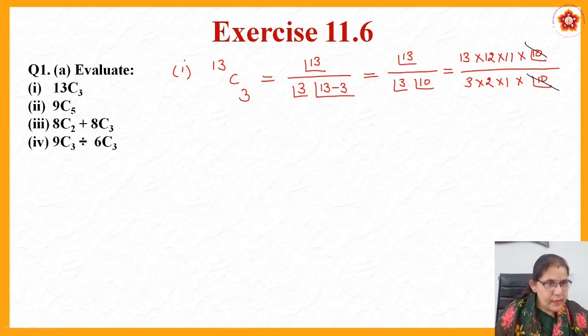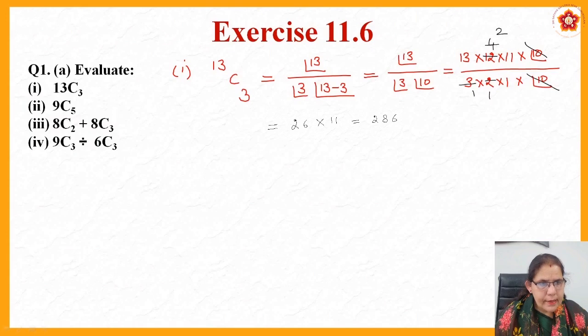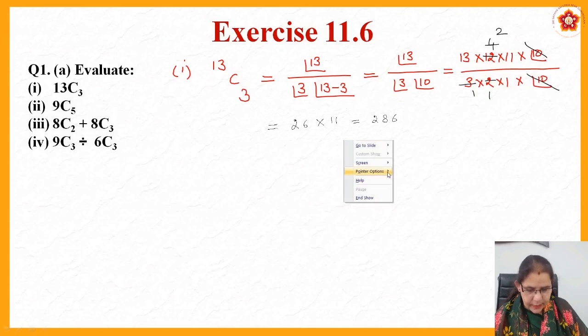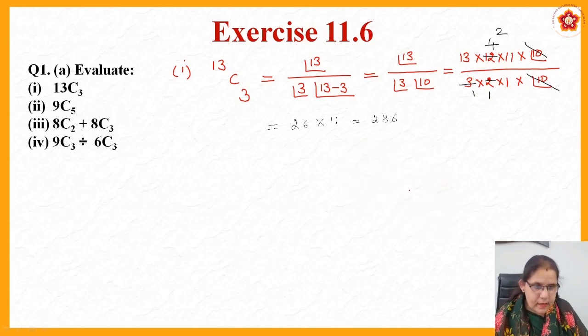Let us look at this. 3 ones are 3 and 3 fours are 12. 2 ones are 2, 2 twos are 4. So your answer is 13 into 2, which is 26. So the value of 13C3 is 286.